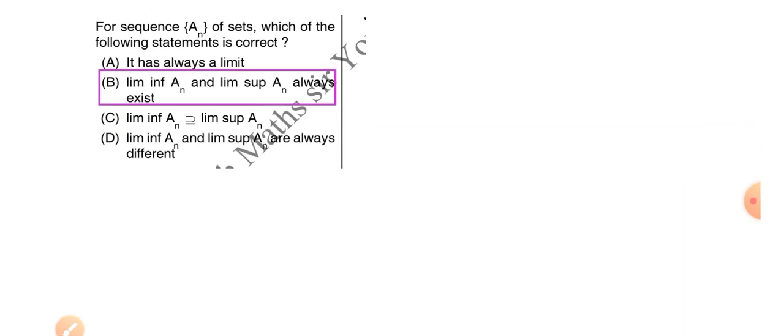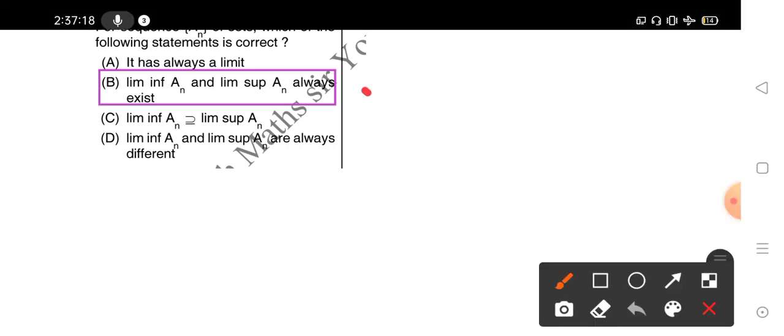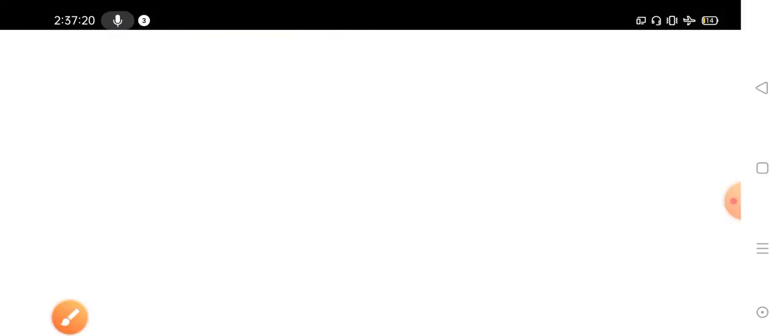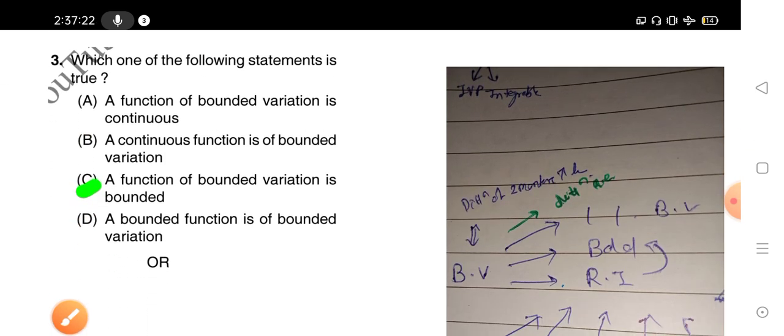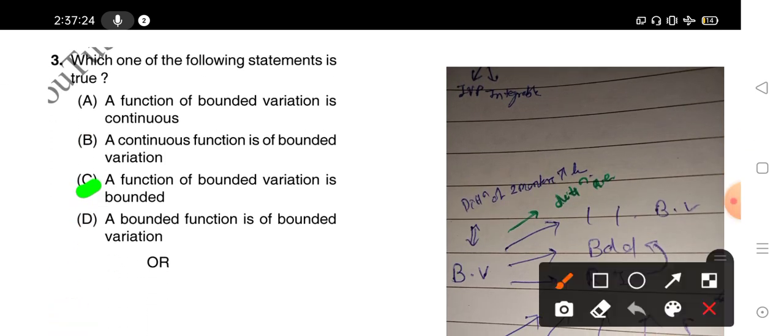Next question: for a sequence, which one of the following statements is true? Option B is correct. Next question: which one of the following statements is true? Here we are asked for the true statement. A function of bounded variation implies continuous.